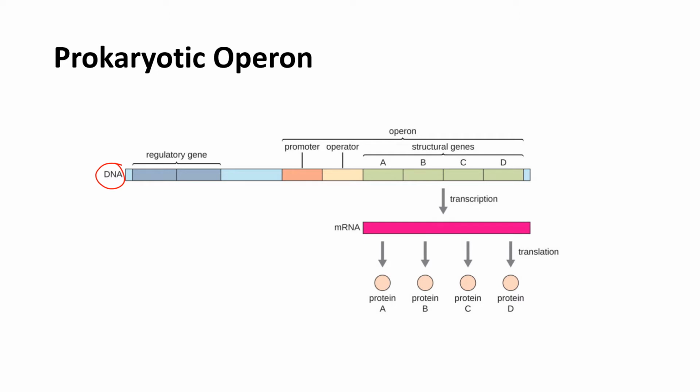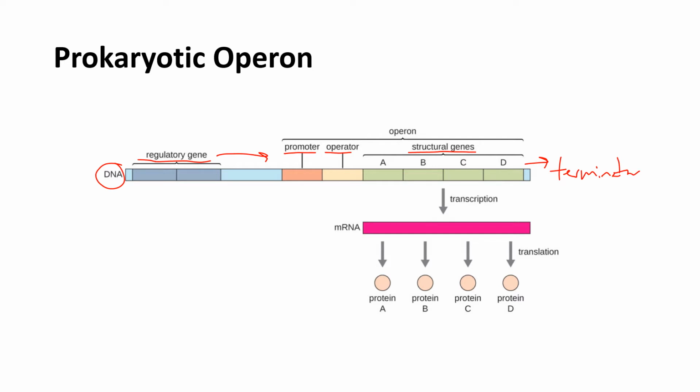Looking at the sequence of DNA, you begin with a regulatory gene, the sequence furthest upstream, furthest to the left on the DNA. Then as you move downstream, you come across a promoter, then an operator, and then structural genes. At the end of the structural genes, you would have a terminator.